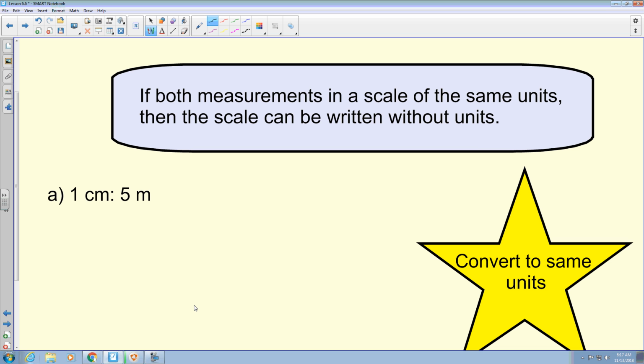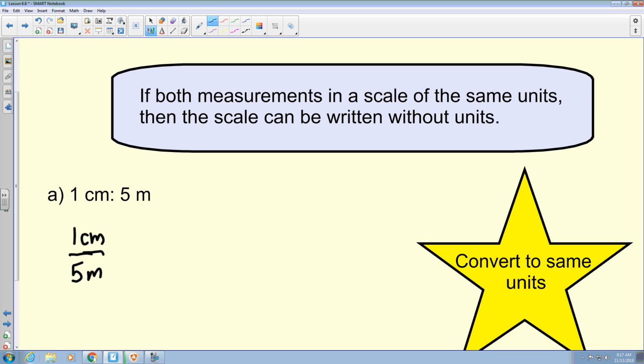So that means if you look here, I have 1 centimeter to 15 meters. So if I wrote this as a fraction, I'd have 1 centimeter. Oops, not 15, it would be 5 meters. 1 centimeter to 5 meters, my apologies.